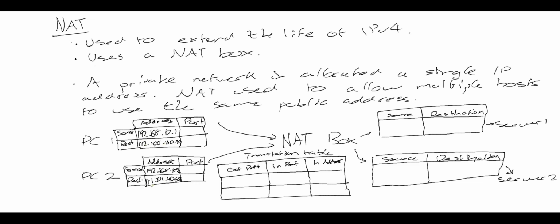Okay, so there's some random IP addresses that might be public IP addresses. The port associated with the destination IP here is going to be port 80. So if we're sending typically an HTTP request, we're going to send it on port 80.